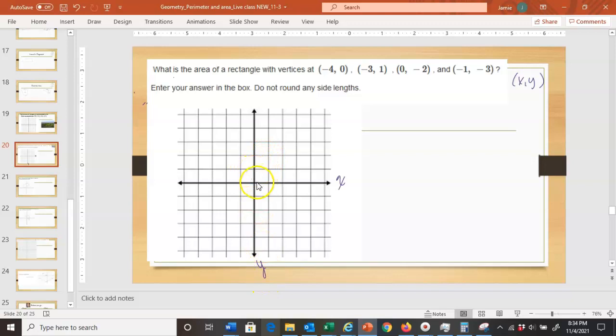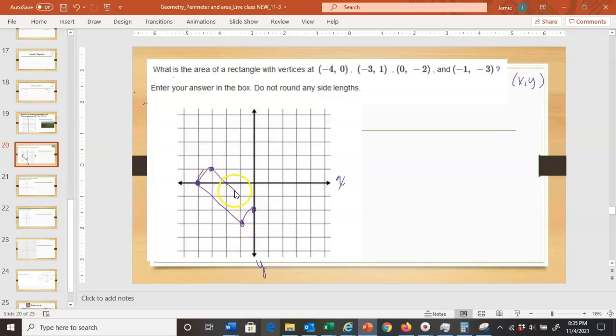So we'll plot these points: 4 and 0, then -3, 1, 0, -2, and -1, -3. I know that we did some of this in class, but I thought we could just start here.